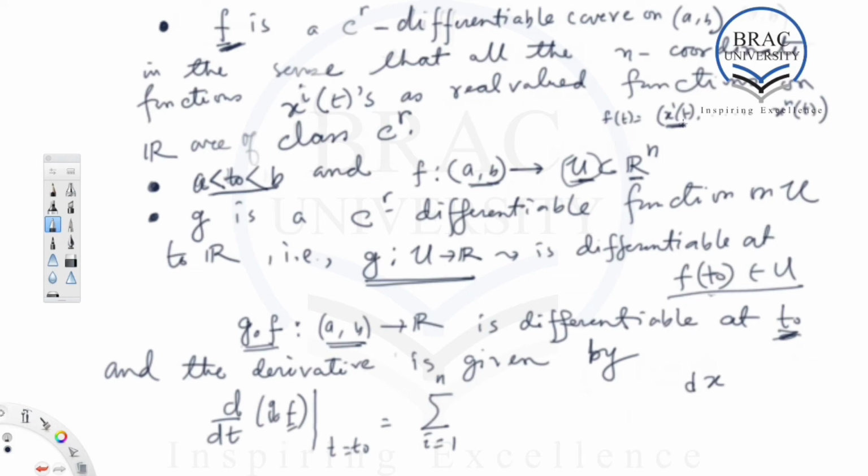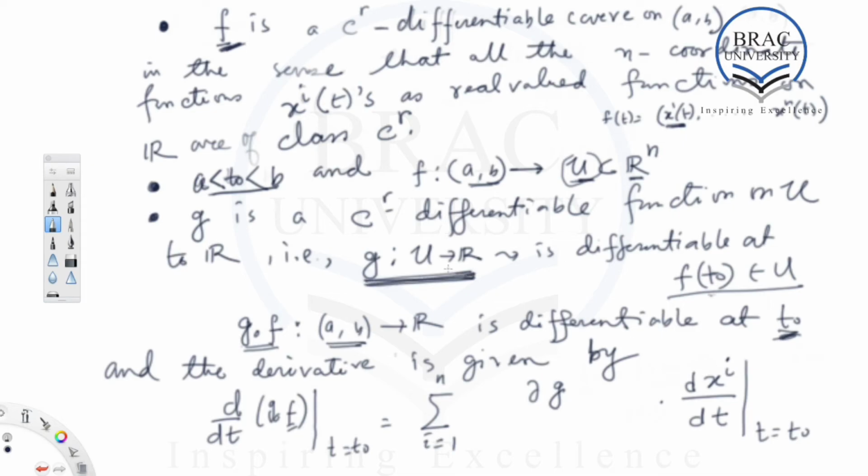So you take those components, take the derivative with respect to t and evaluate it at the point t0, and then multiply it with the partial derivatives of this function g.